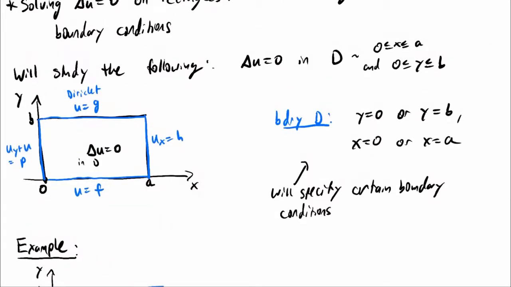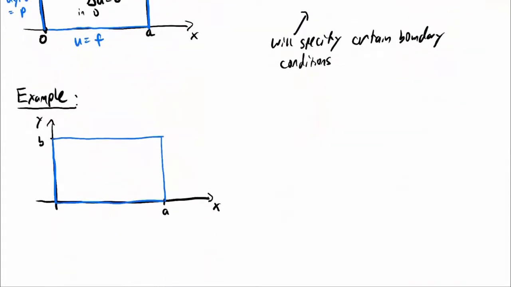Maybe up here, to be more precise, I should have put strictly less than in the inequalities, and then once you add in the equals, they correspond to the boundary points. So maybe this is a little bit more precise. And so we're going to look at the boundary value problem with mixed boundary conditions, meaning different lines on the boundary will have different types of boundary conditions.